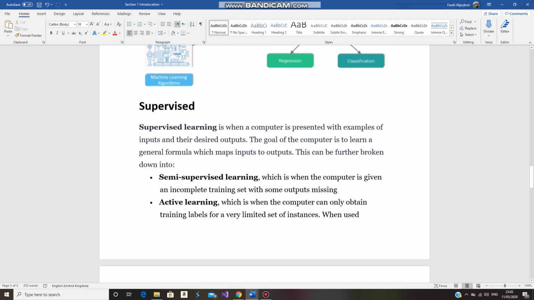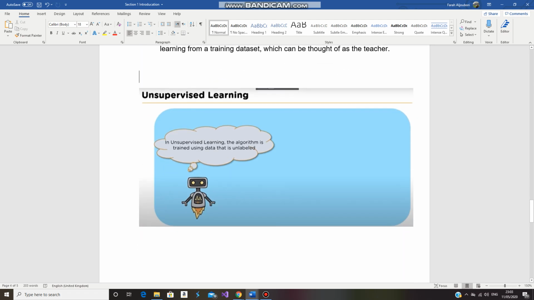Now we come to the second algorithm, called unsupervised algorithms. Unsupervised means the algorithm is trained on unlabeled data. So when I have data that is unlabeled for the computer, the computer will be able to figure it out.